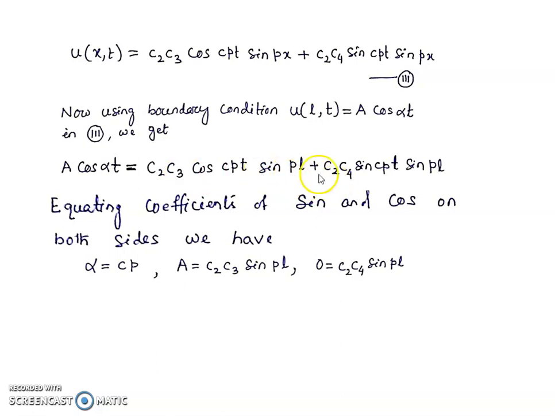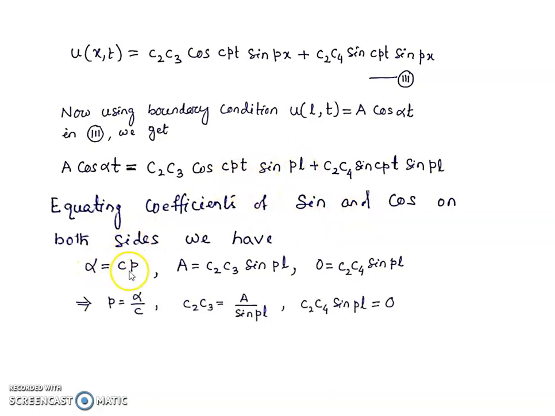Similarly, the coefficient of sin cpt is c2 c4 sin pL, and on the left hand side there is no sin cpt term, so we have 0. So here 0 is equal to c2 c4 sin pL. We just equated the coefficients of sine and cos on both sides of the equality sign.